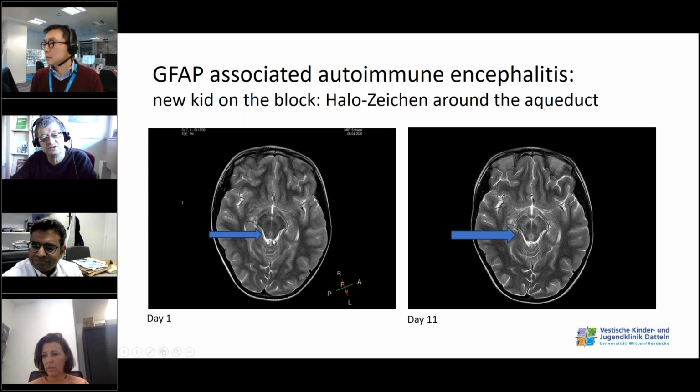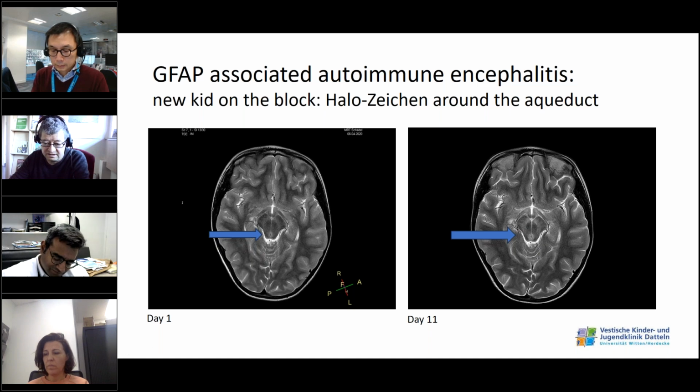It's often not immediately visible, but on a later MRI, in this case on day 11, you see this really bright signal around the aqueduct. It doesn't take up contrast medium enhancement. You can see it on the diffusion weighted image, but not on ADC mapping.